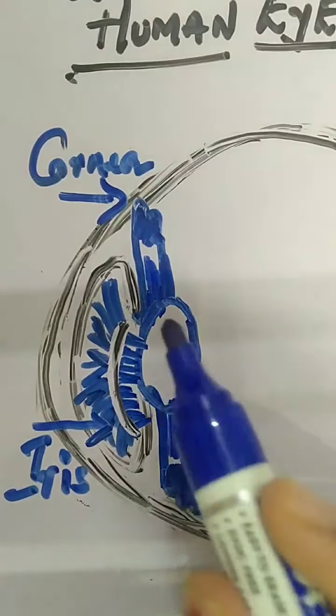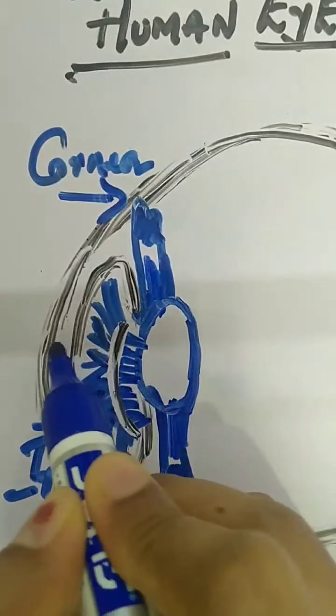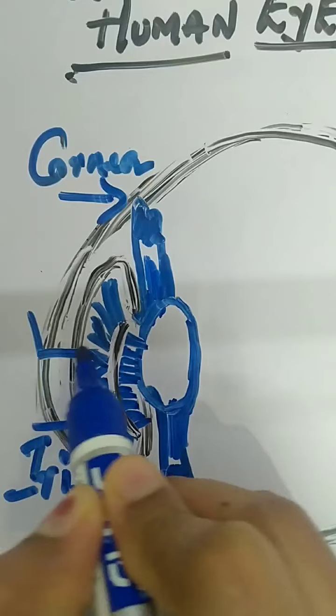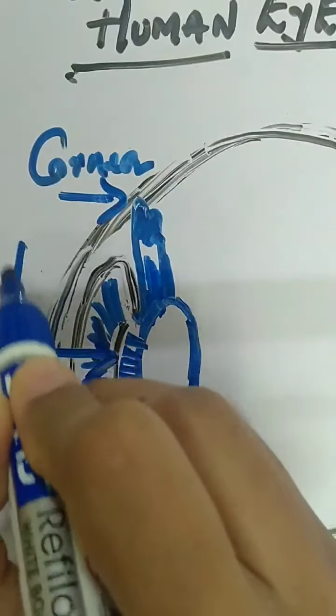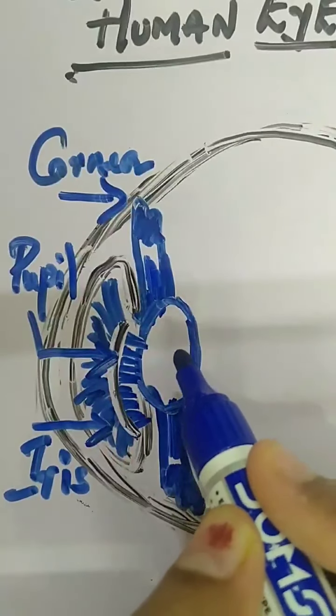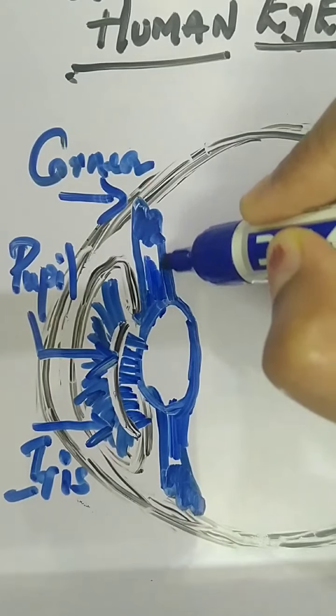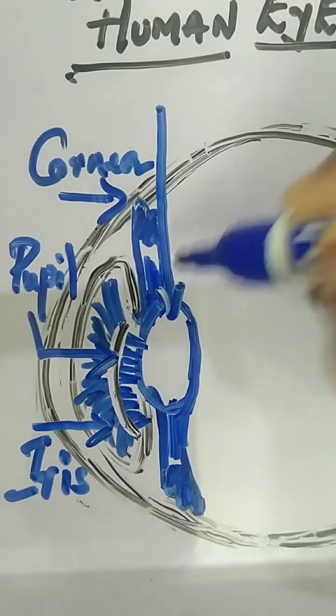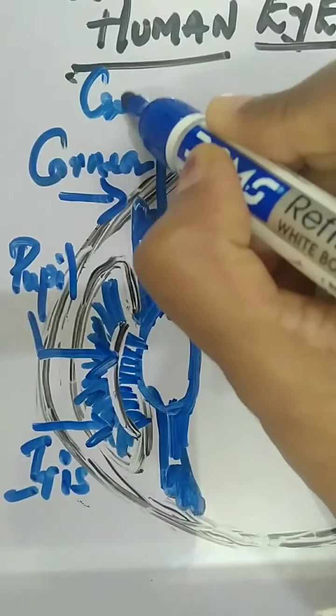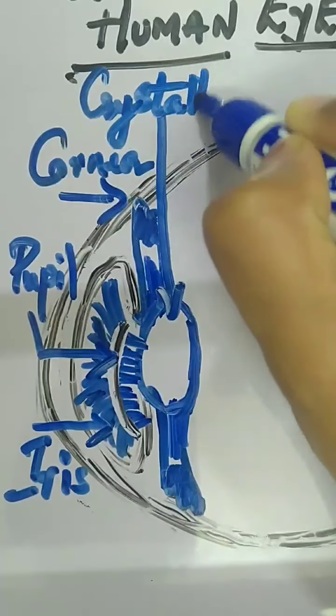Then we have the next important part which I was talking about, that is the pupil, P-U-P-I-L, pupil. And the next important part, so here I'll label, this is the crystalline lens.